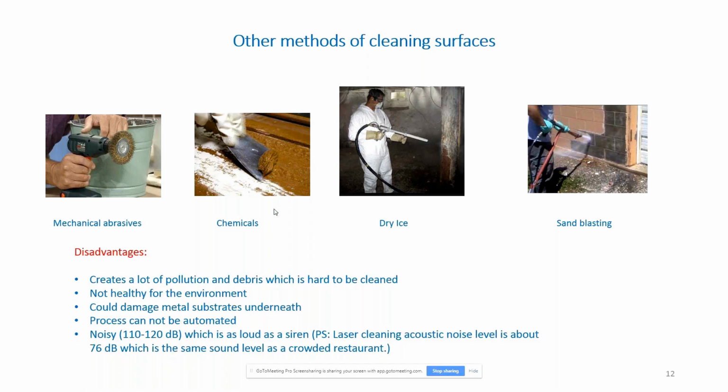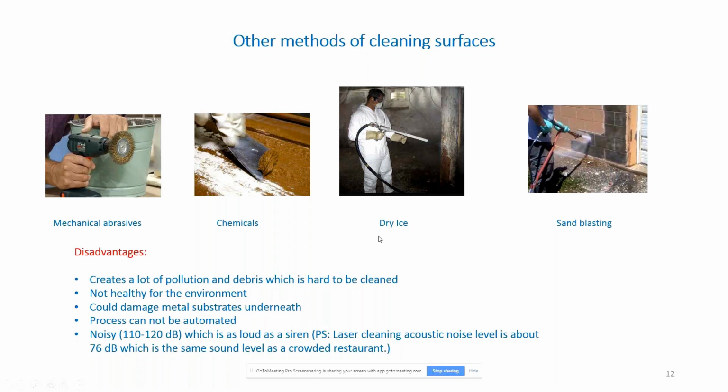Secondly, it could damage metal substrates underneath, especially chemical methods and mechanical abrasives. For example, in the aviation industry, the process cannot be automated. Usually you have an operator that has to do it by hand.